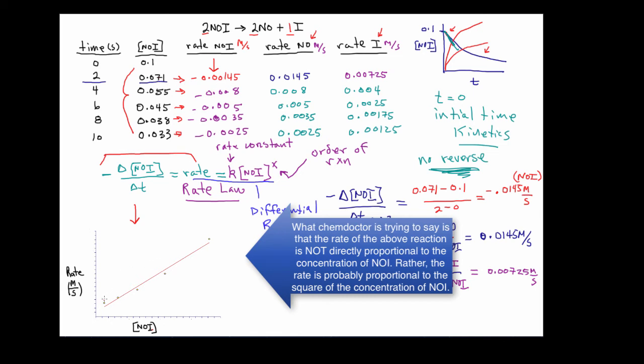And what you can see is we get a curved line out of this. The main point is that there is not a straightforward relationship in this particular chemical reaction between the rate of the reaction and the concentration of NOI. In other words, it's not a linear relationship.